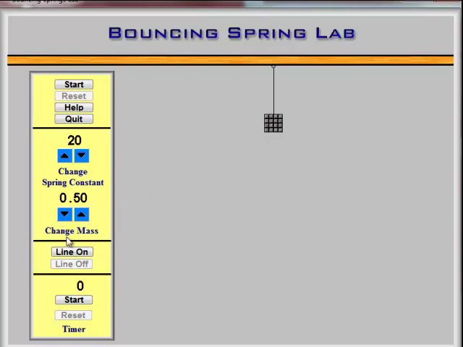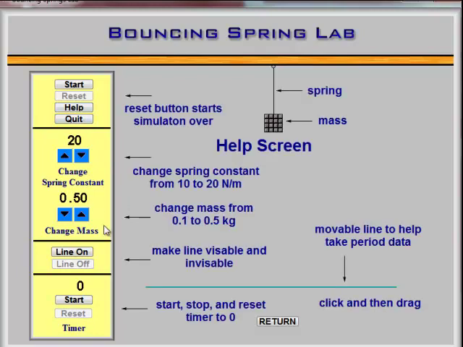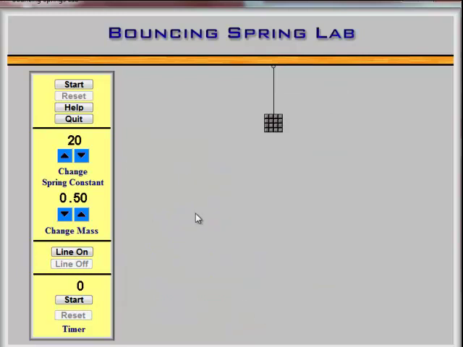And then we'll run a second experiment where we measure the mass versus the period. So it's pretty easy. There is a help screen for the students just in case they're a little confused by all the buttons and possibilities, but it's pretty simple.